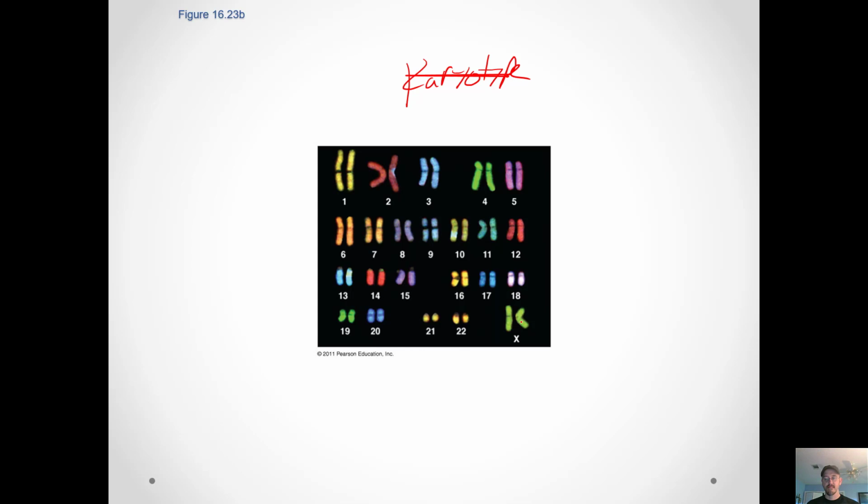X chromosomes are the same size, whereas a Y chromosome would be really small. And so we have all 23 pair of chromosomes. So this is a diploid individual. They're all shown here. Now we're going to have to move those chromosomes all around in a cell and get the right number of copies into one cell and the right number of copies into another cell.